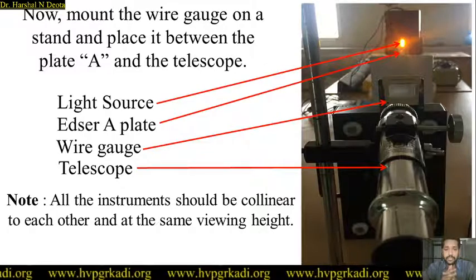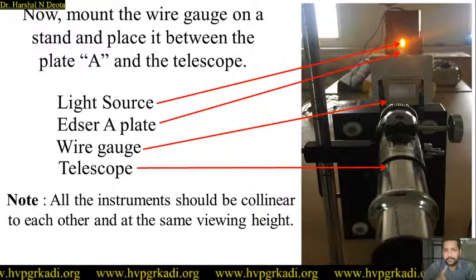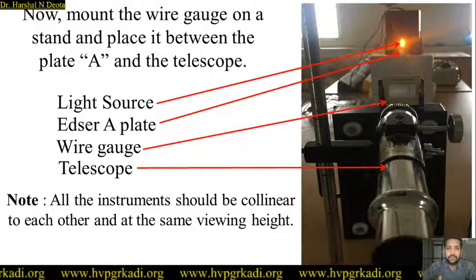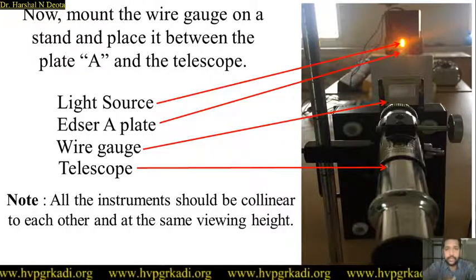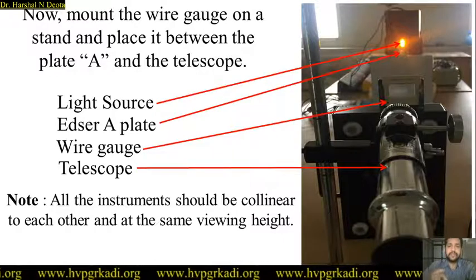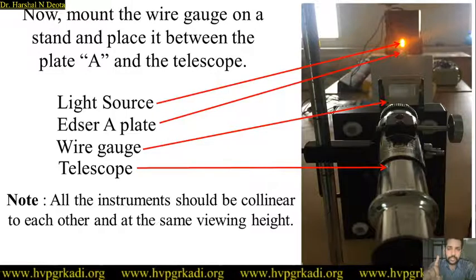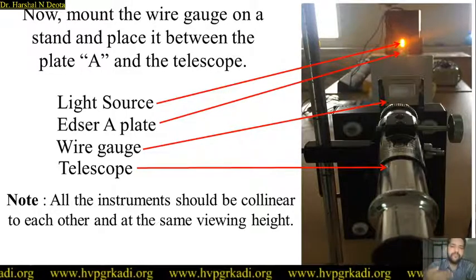And mind it students, if you do it accurately, you will get the results at the first attempt. But if you do not align the instruments properly, you might never get the results. So this alignment is very necessary. First thing collinear, and second thing the height, right? We are moving on stepwise.